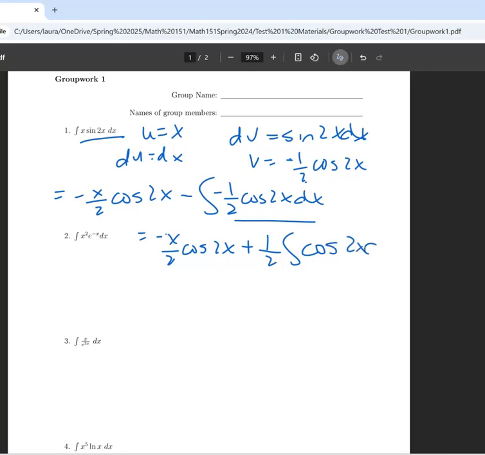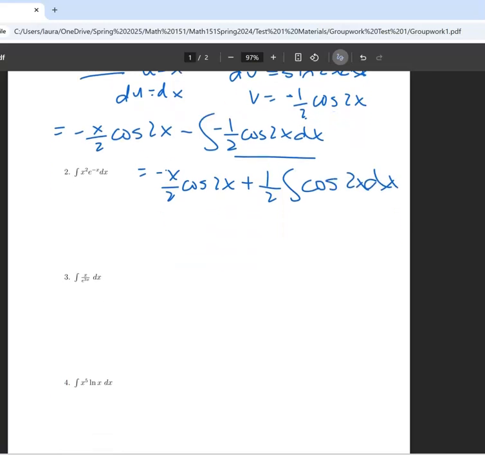Do we know how to take the antiderivative of cosine of 2x? We do. So negative x over 2 cosine of 2x, carry along the 1/2, and this will be 1/2 sine of 2x plus a c. That's the answer.